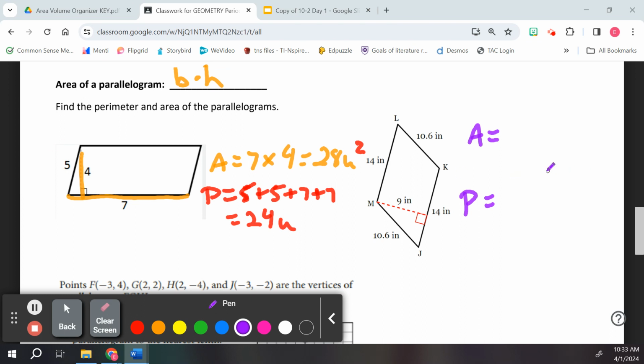All right, anybody still working on this? Who's got the area?